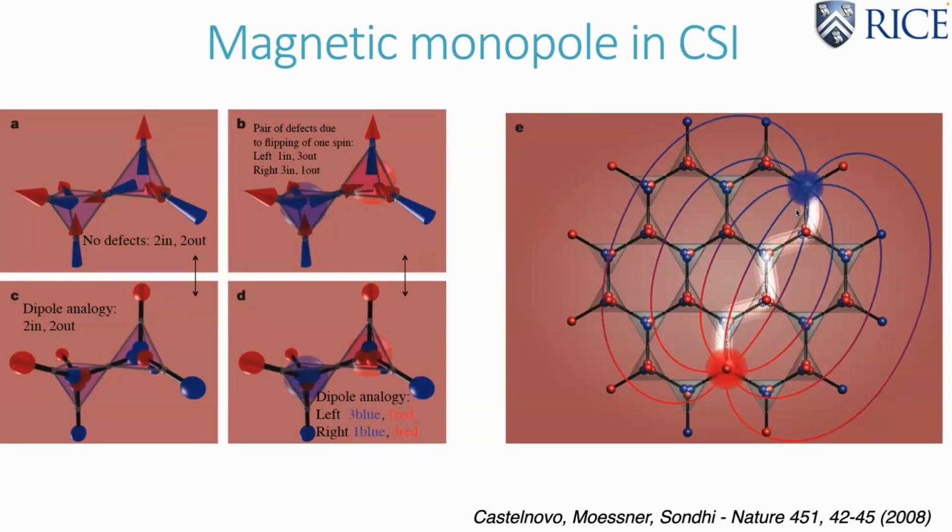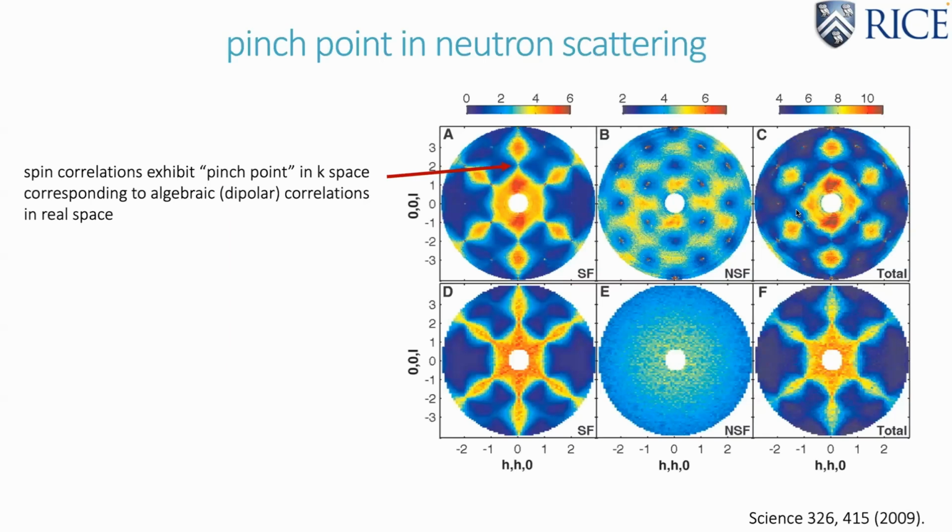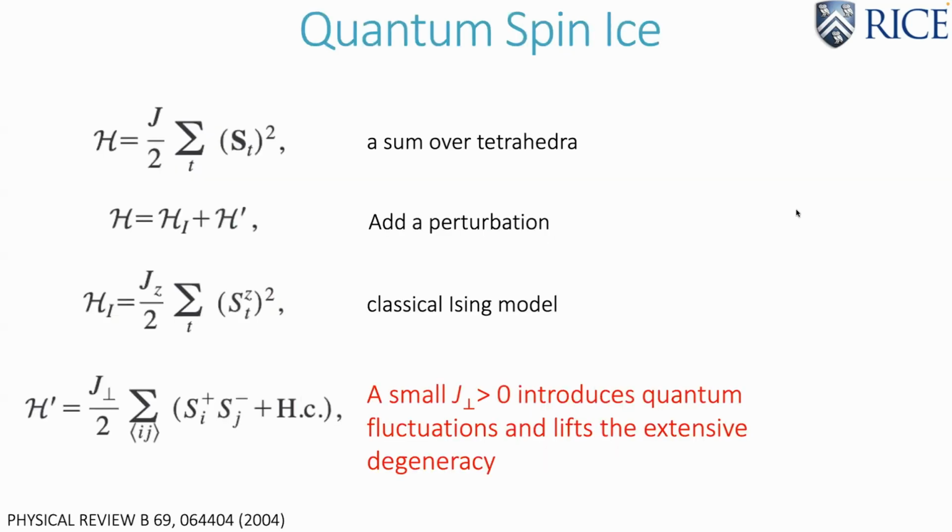This flipping can propagate along the lattice and create the so-called magnetic monopole. This is verified in neutron scattering. People see this pinch point in the polarized neutron scattering, and this pinch point corresponds to the dipolar correlation in real space.